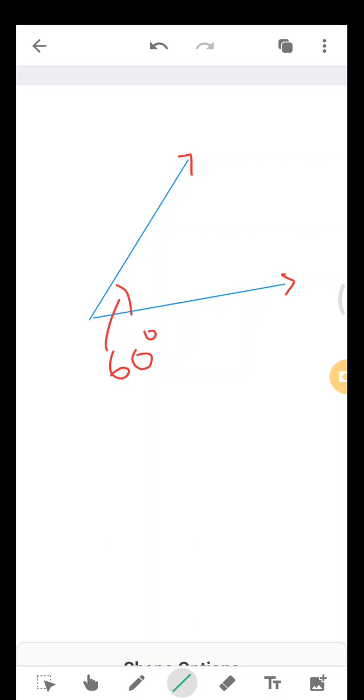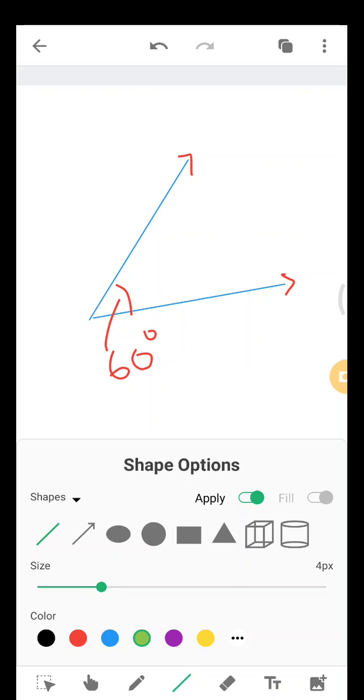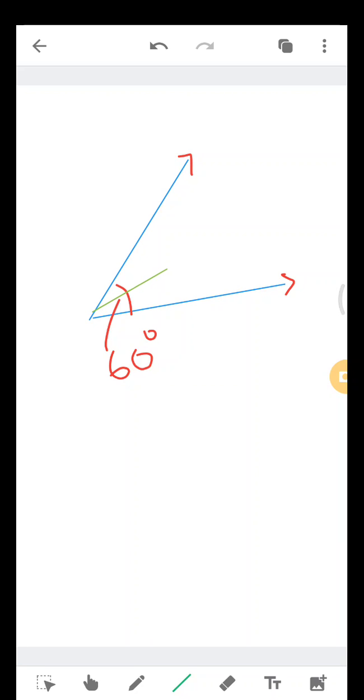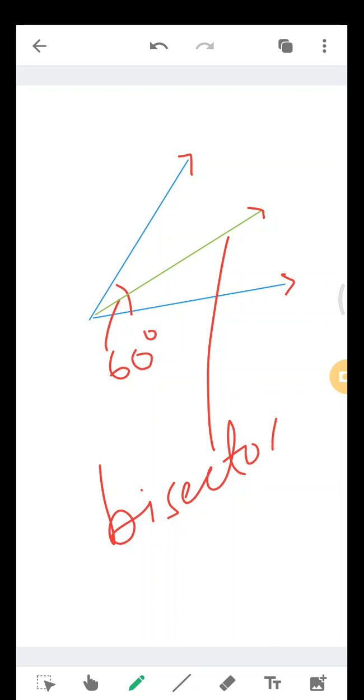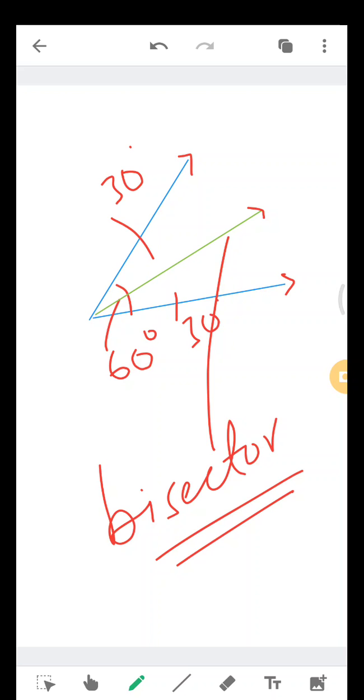If I cut this angle into two equal parts by a ray, this ray is called bisector. Bisector divides the angle into two equal parts, that is, this will be 30 degrees and this will be 30 degrees. So ray OP, you can see this green colored ray, is called angular bisector.